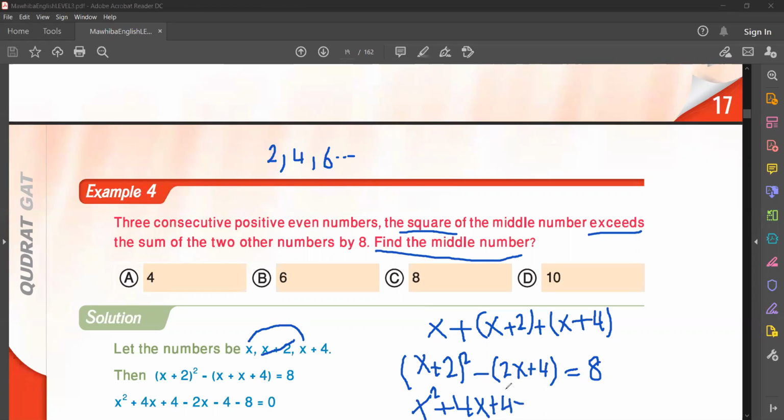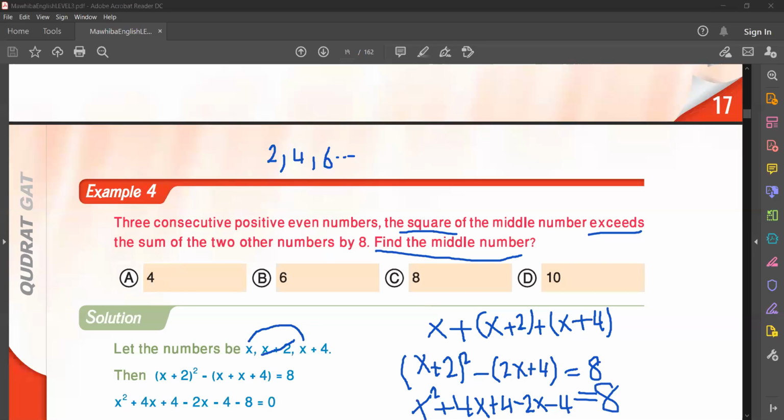Minus, also this, you distribute this negative to the other: minus 2x minus 4 equals 8.